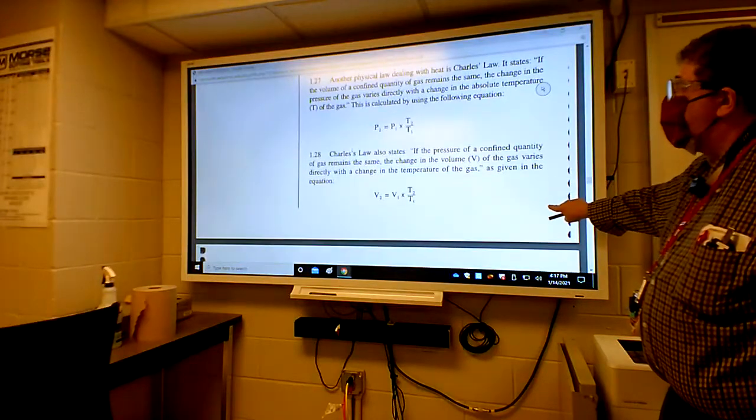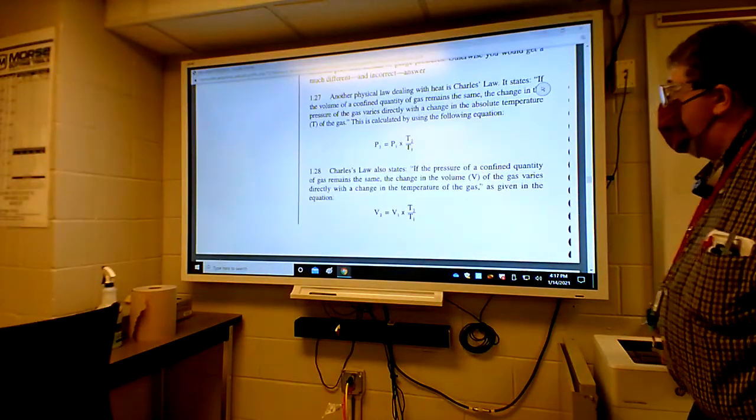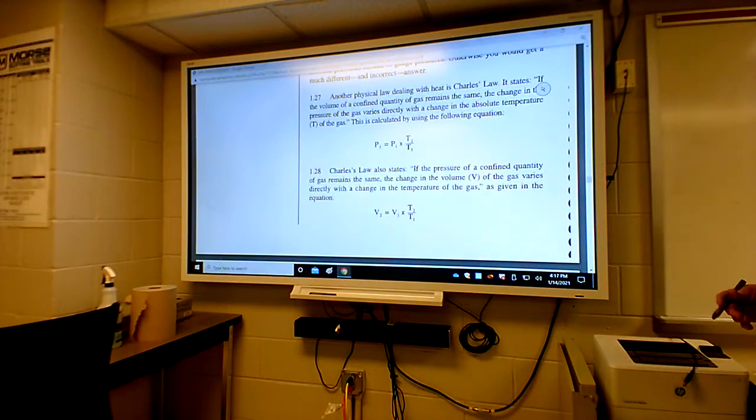And Charles's law also says that if the pressure of the confined quantity of the gas remains the same, the PSI, but the volume changes, a change in the volume of the gas varies directly with a change in temperature.